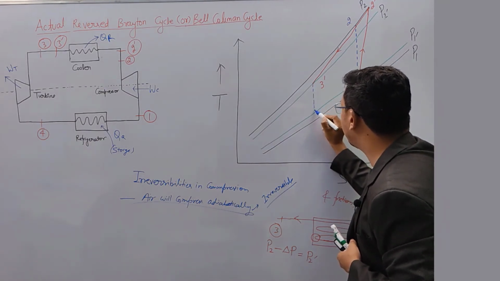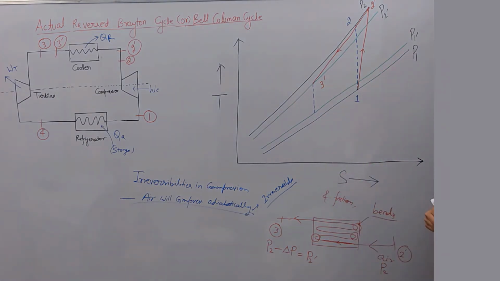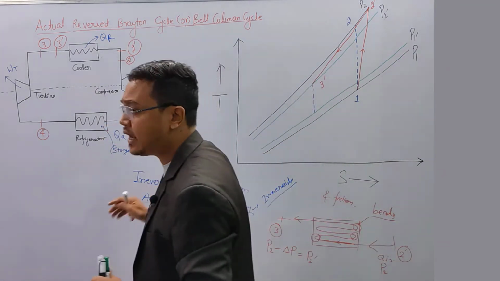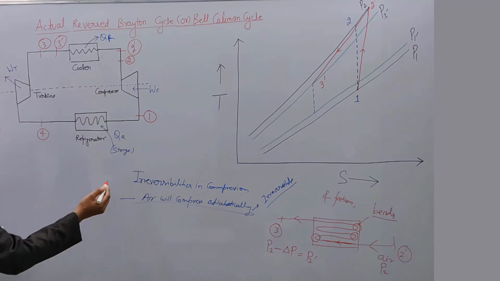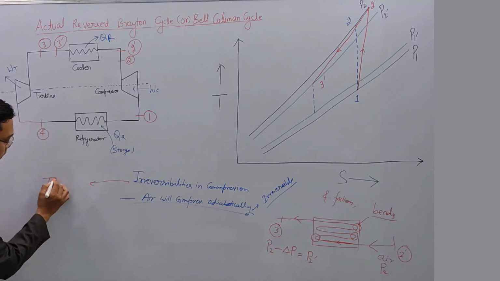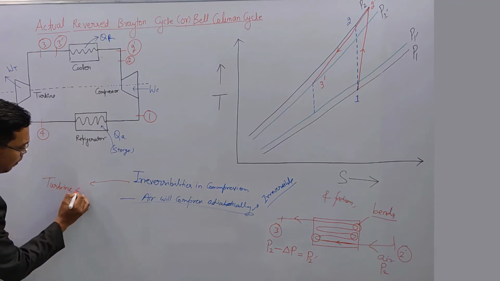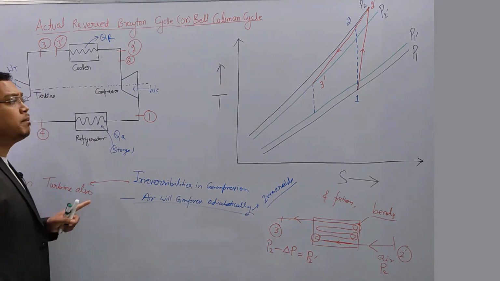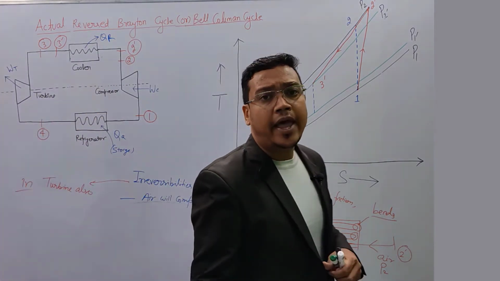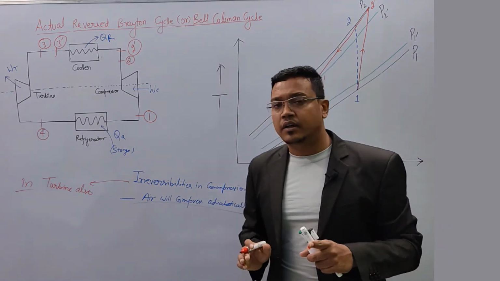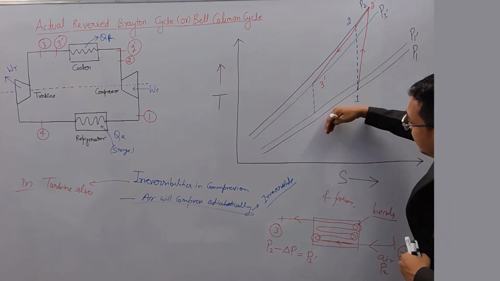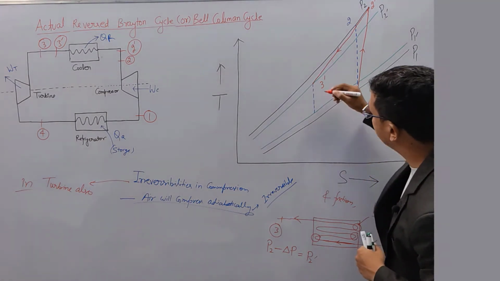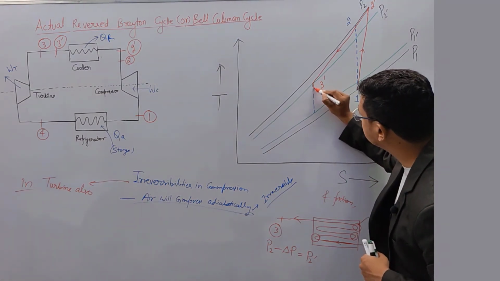But because of some irreversibilities in the turbine also, like in the compressor, expansion will occur but entropy will increase. Okay, now entropy is increasing in this direction, so the process will occur like this.